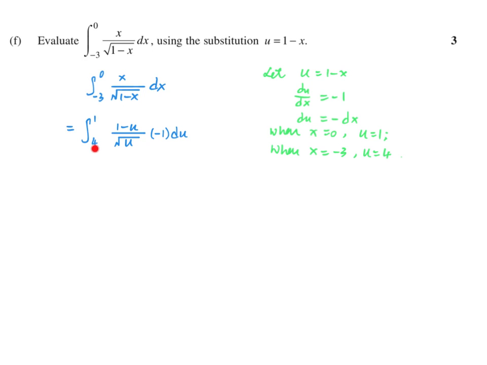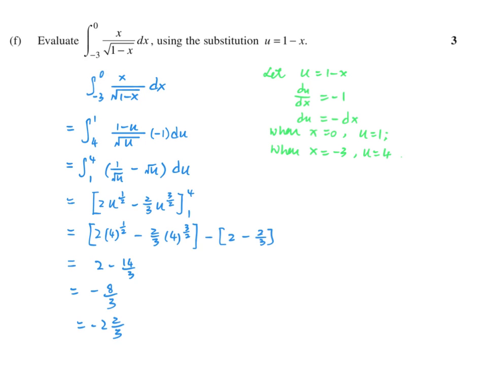And the upper and lower limits of x changed to u, so it's 1 and 4. This minus 1 allows you to interchange the upper and lower limits of the integration, from upper limit 1 and lower limit 4 to lower limit 1 and upper limit 4.